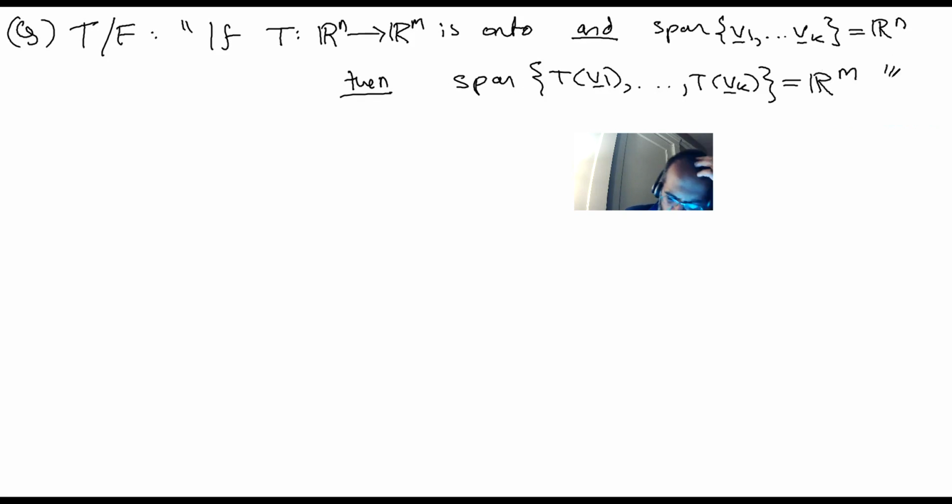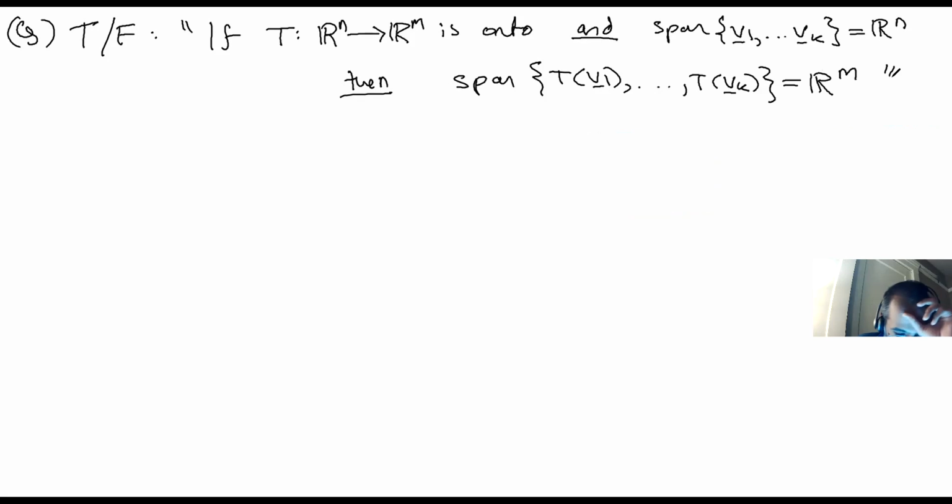This is a true-false question that I think maybe is on one of the practice midterms. Let's just let that sink in for a moment. Any questions about the question?